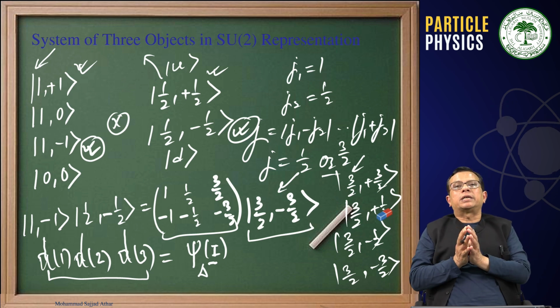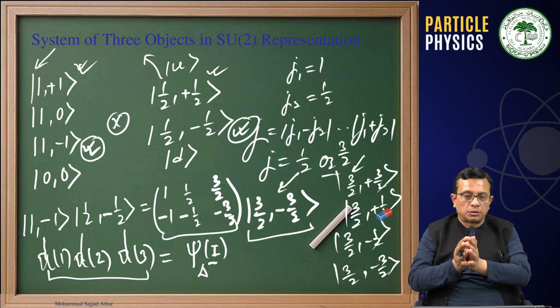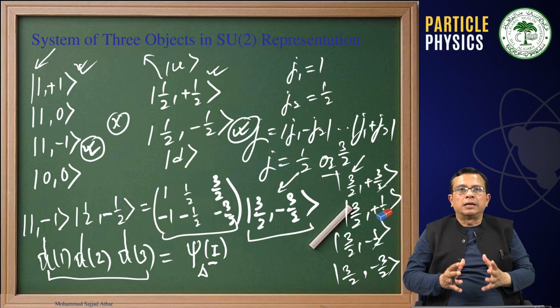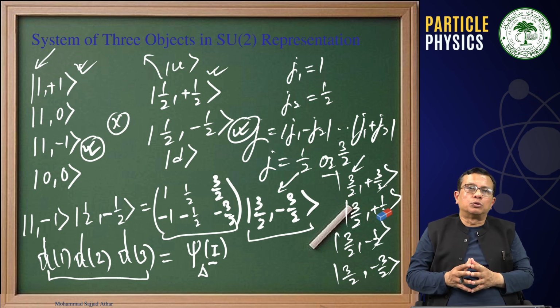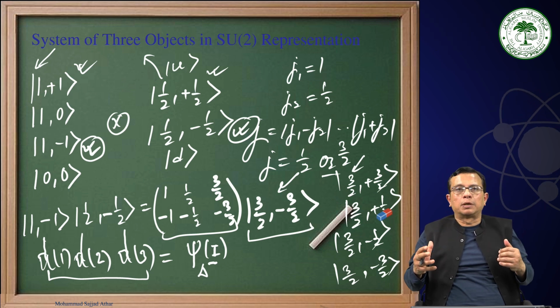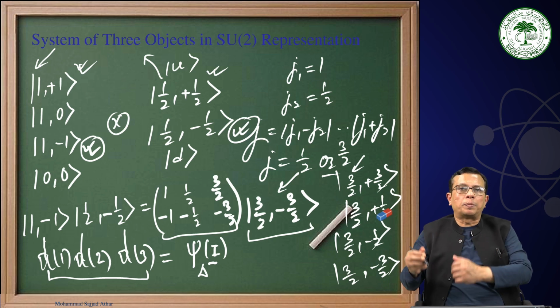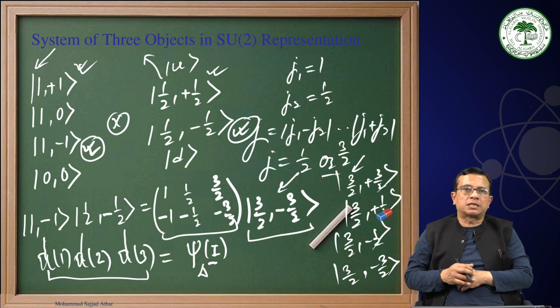Now, similar to this, if I talk about an object which has got a spin 3 by 2, then there are 4 possible projections: plus 3 by 2, plus half, minus half, and minus 3 by 2.